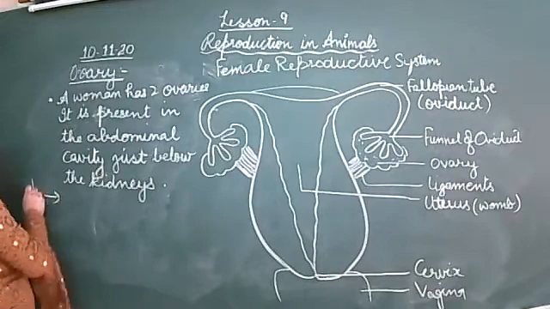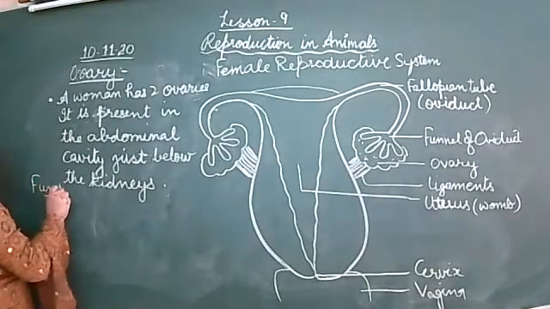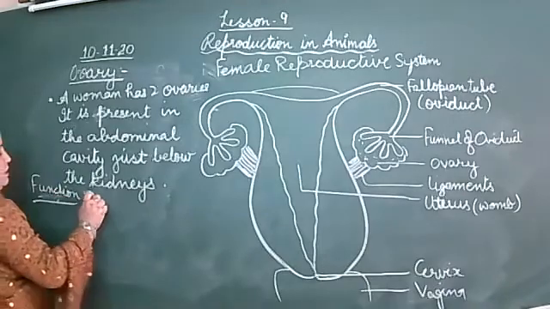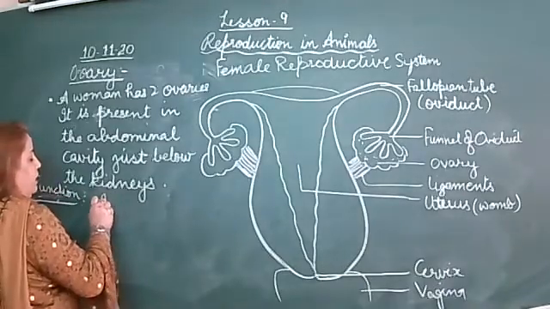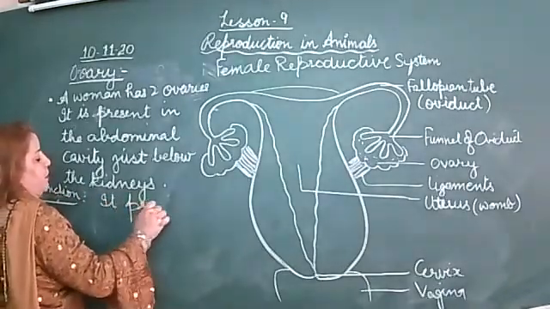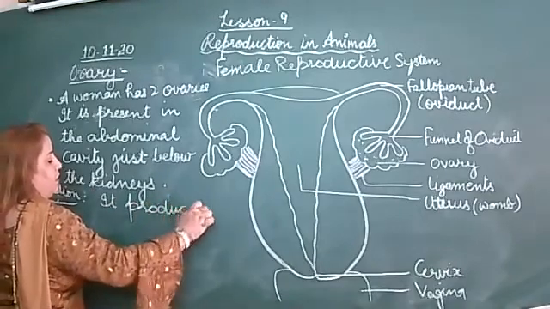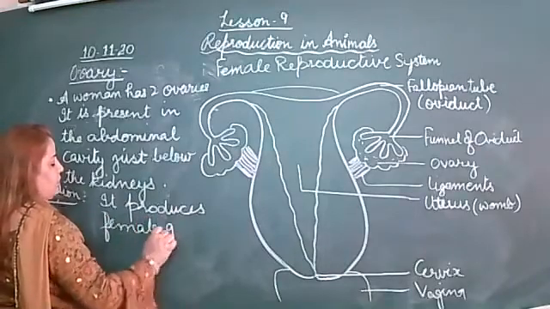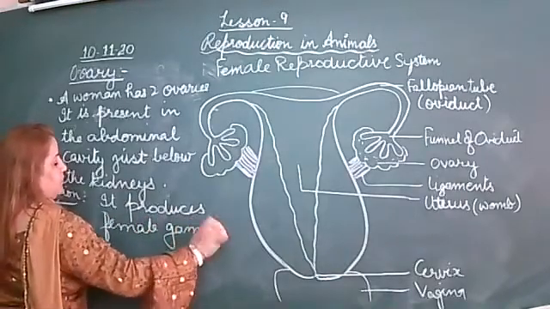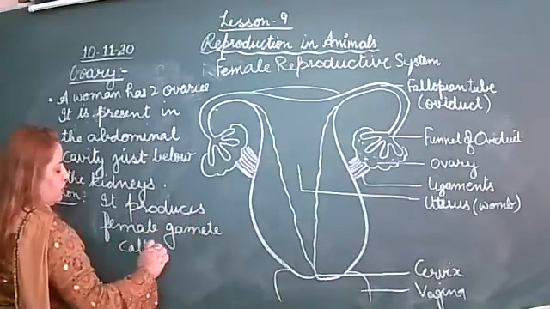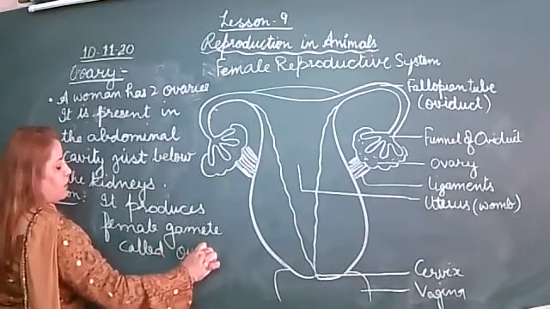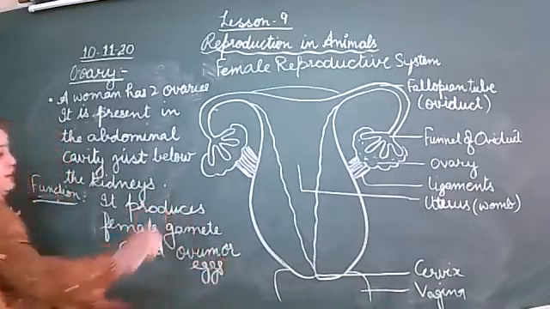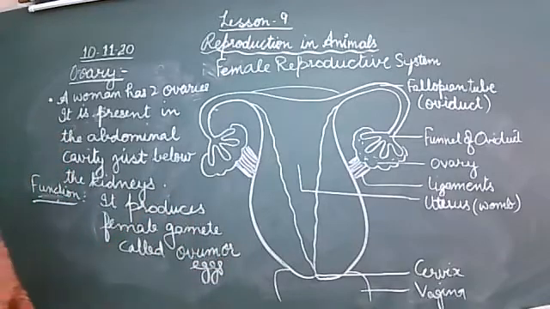The function of the ovary is to make the female gametes. You can write function: it produces female gamete called ovum or eggs, right? Ovum or eggs.